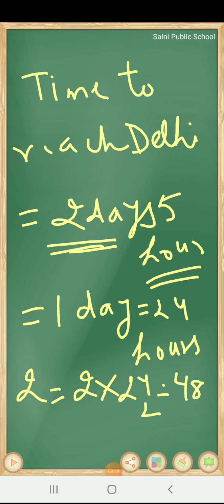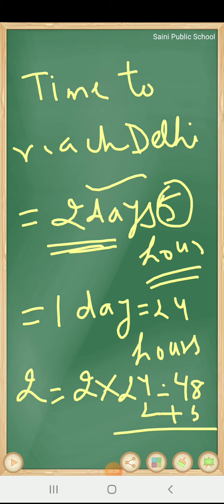Now we have converted 2 days into hours, but 5 hours are already given to us, so we will add these 5 to this number. 8 plus 5 is 13, 1 carry, so 4 plus 1 is 5. So 53 hours.